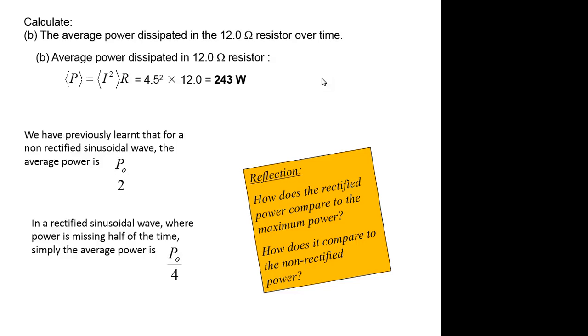And since your normal sinusoidal power is half the maximum power, this is actually half of your sinusoidal power, so it's a quarter. For the sinusoidal one, the average power is half of the maximum power. This one is half of that, so it must be a quarter. Okay?